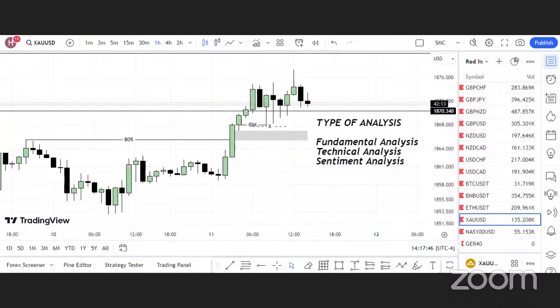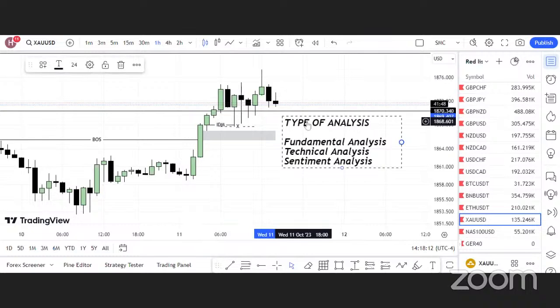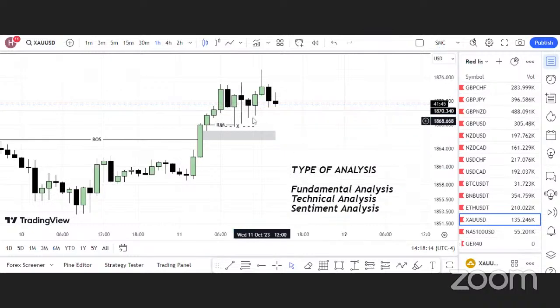Now, sentiment analysis deals more with your mindset and the sentiments of traders. Let's assume that this is XAUUSD, which is gold USD, so this is the gold market. Now imagine I refuse to make further analysis, but I just start getting sentiment over this gold market.